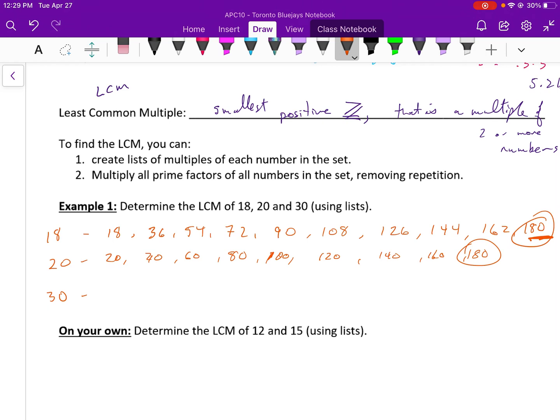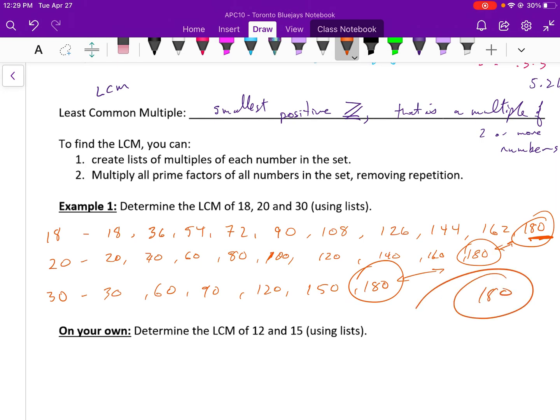I have a common multiple of 180 between these two numbers, and then 30. So although lists are helpful, lists can take some time. So, there it is. The lowest common multiple common to all the numbers is 180. I wonder if there's an easier way.